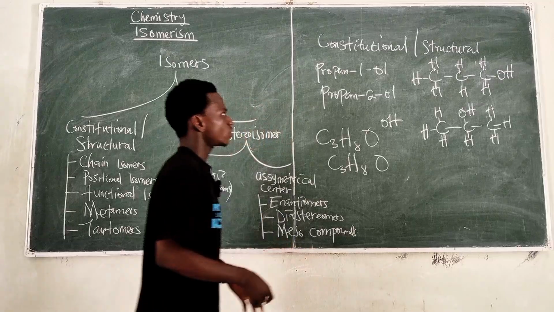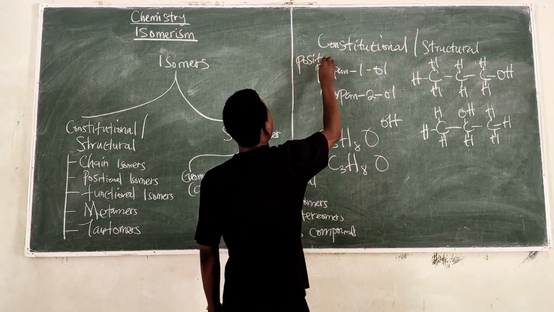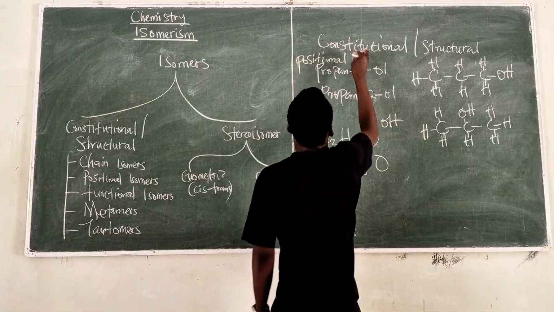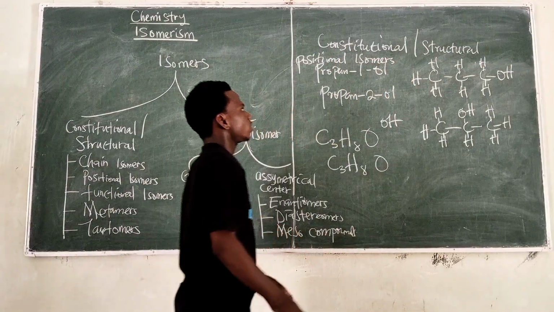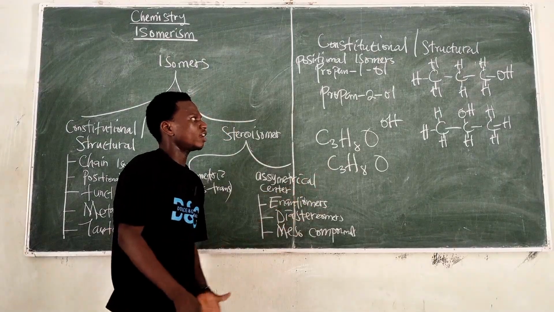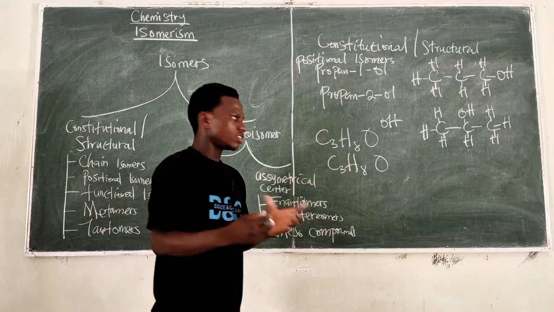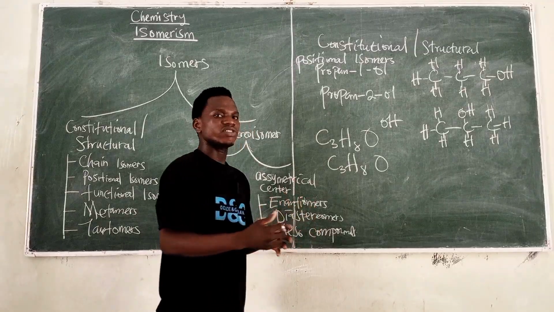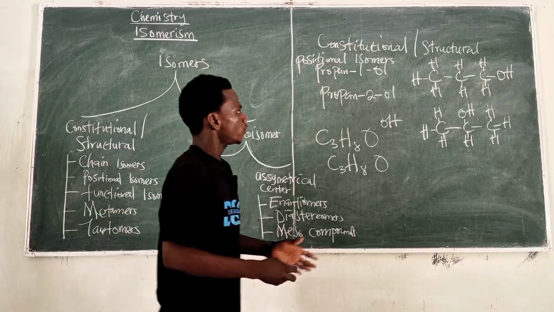So these are isomers, positional isomers. Positional isomers are isomers with the same molecular formula, the same functional group, but different position of their functional group in a compound, in a structure.